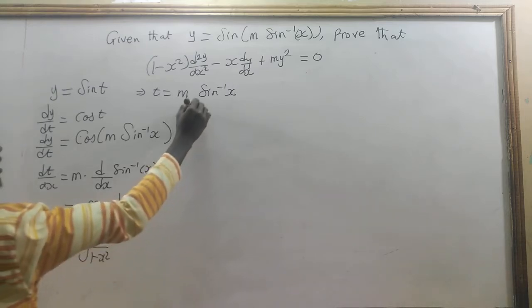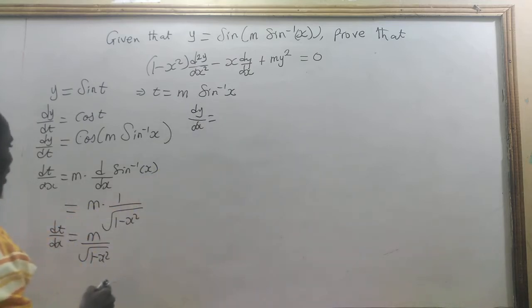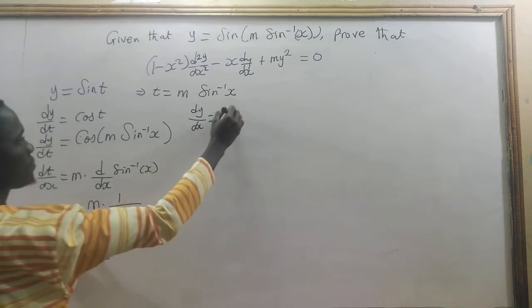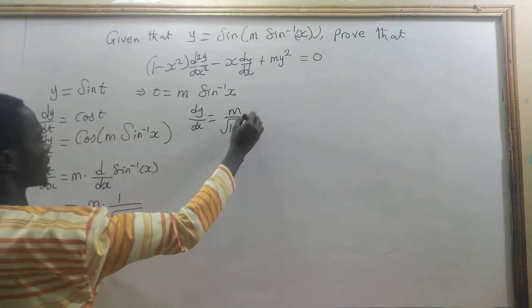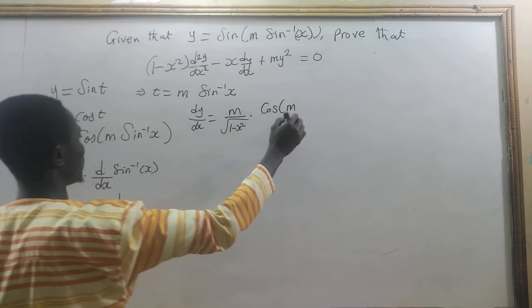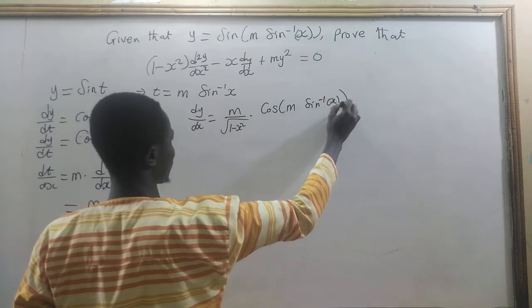Now, the derivative of y with respect to x will be given by dt on dx times dy on dt. So dt on dx is m divided by square root of 1 minus x squared times cosine of m times the inverse sine of x.